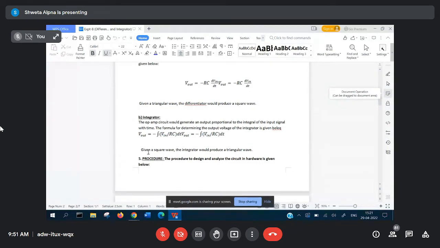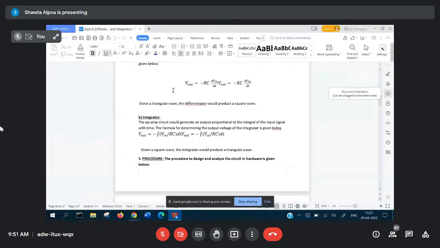So here you can see it is already written, given a triangular wave, if you apply triangular wave to differentiator, it will give a square wave. Similarly, if you apply square wave to the integrator, it will give a triangular wave. So whatever output you have just now seen in the three waveforms, if you apply your square wave to a differentiator, you will get spikes.